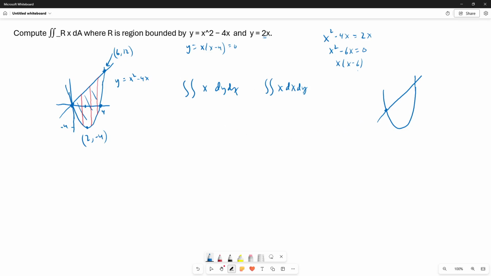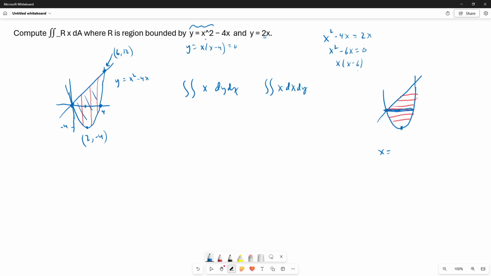Now with dx dy, we're filling this region with horizontal line segments. If you're above this particular line here, they go from the line to the parabola. But if you're below that blue horizontal line, they go from the left half of the parabola to the right half of the parabola, which would require us to rewrite this equation in terms of x and get a left half and a right half.